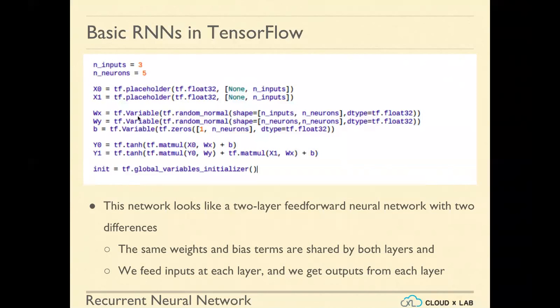The shape of Wx is number of rows equal to the number of inputs, and the number of columns is how many neurons we want. Wy has a shape of number of neurons by number of neurons.